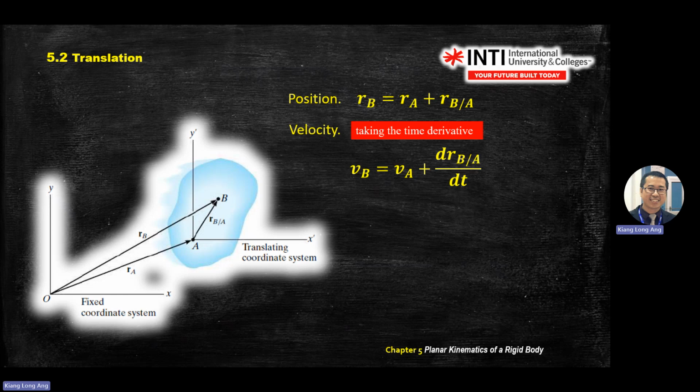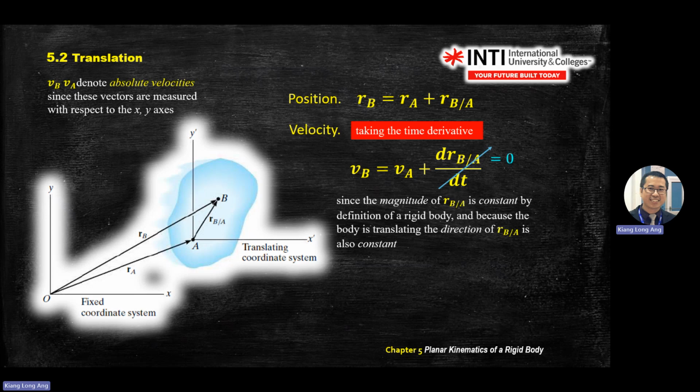Because this one is a reference or relative, B from A, you can still write v_B/A, but you still need to do the differentiation. But you know, when you do the time derivative of this reference A to B, dr_B/A in a rigid body doesn't change.